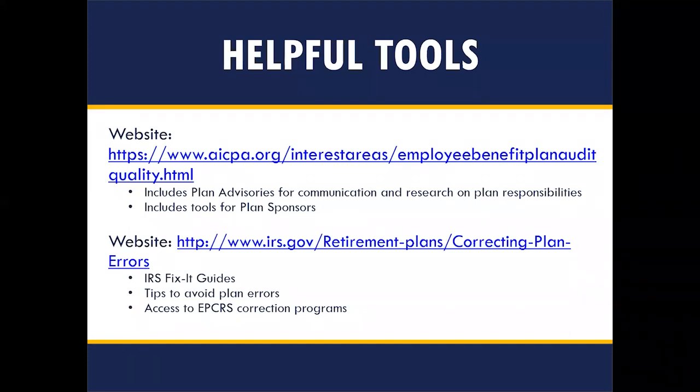In that area, they have multiple fix-it guides for different types of plans, for example one for 401(k) plans and one for 403(b) plans. They cover common errors, ways you can correct them, and ways you can prevent them.